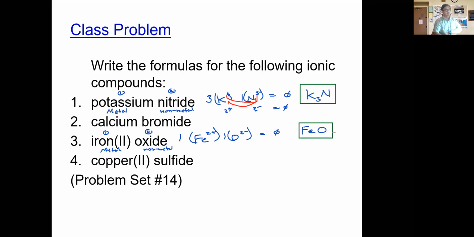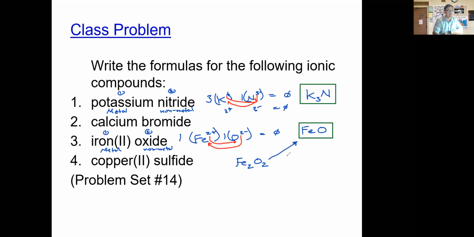Now, if you go ahead and cross the charges, bringing the 2 down, you can still get to this answer, but you have to be mindful of one thing. If you cross the charges, you get Fe2O2. Remember, you can't leave it that way.